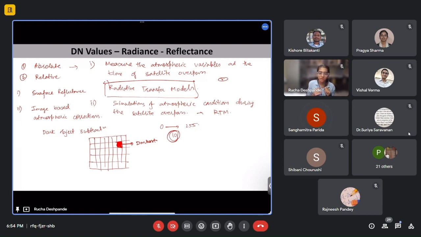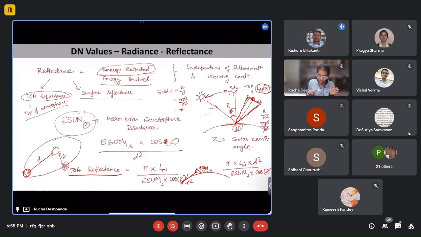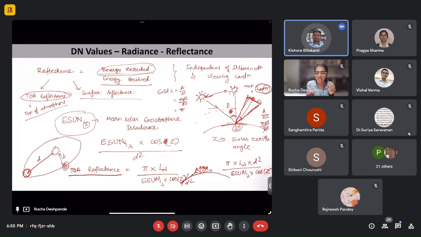Okay. So these are the different methods which can be used for atmospheric correction, going from TOA reflectance to surface reflectance. When you say correction of path irradiance, that means we are reducing the reflectance value which is directly going from sun to sensor, right? Yes.